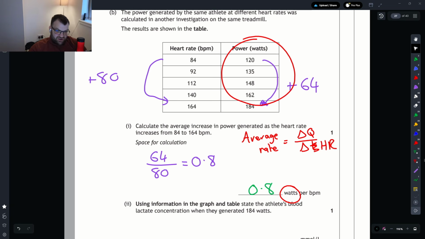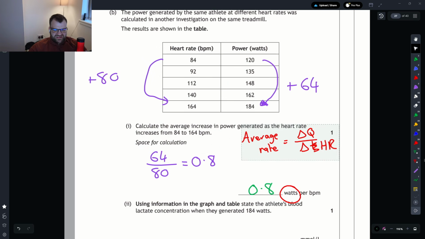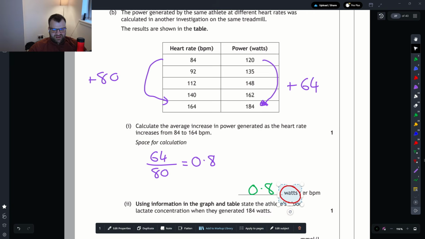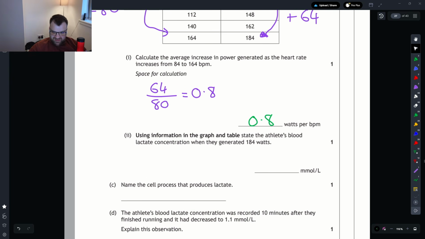And that has got me my answer there. There are other ways of doing it where you could work out all the individual differences in power and in heart rate, then take the averages, so the average power increase and average heart rate increase, and then divide. The method I would use, start to finish, divide them, boom, sorted.